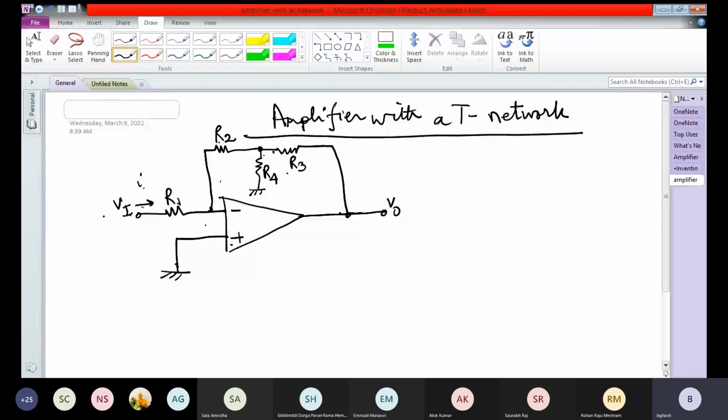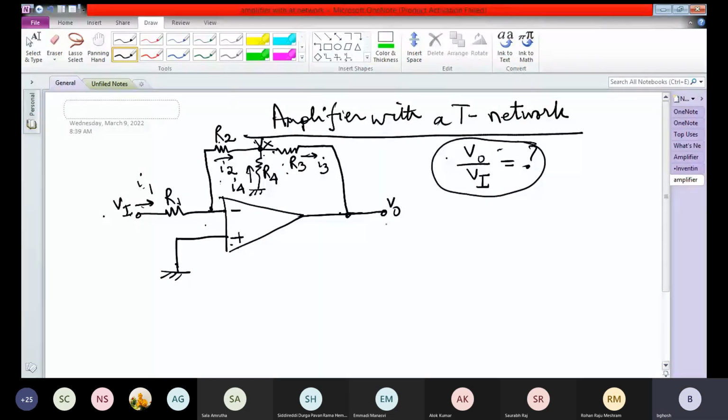So we have the currents I1, I2, I3, I4, and the potential here is Vx. All we need to find is, usually for the operational amplifier, what is the value of the closed loop voltage gain, V0 by Vi? In 99.99% cases, we need to find out this quantity.